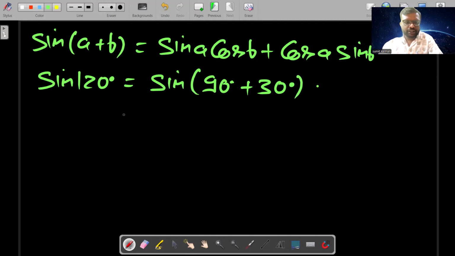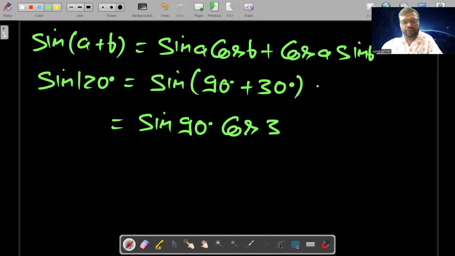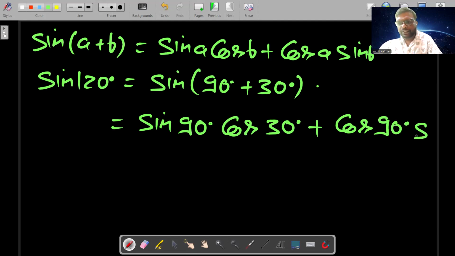It will be equal to sine 90 degree into cos 30 degree plus cos 90 degree, cos A into sine B, sine 30 degree. This is A and this is B.